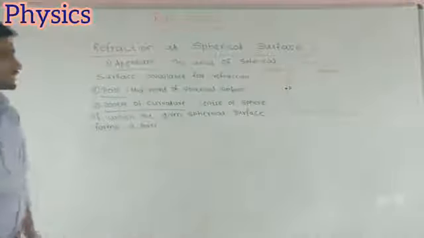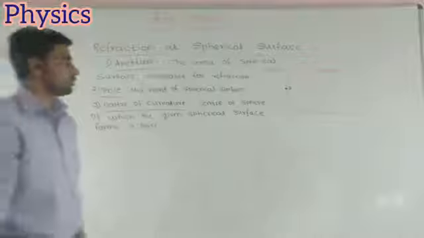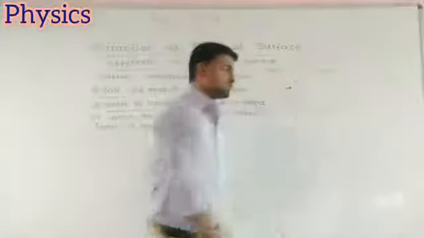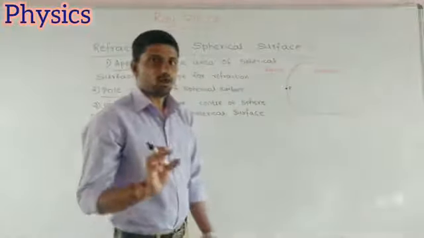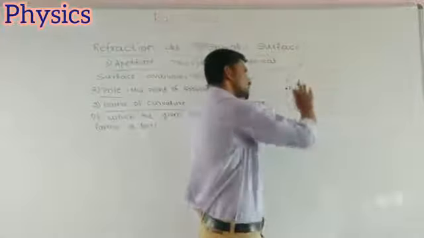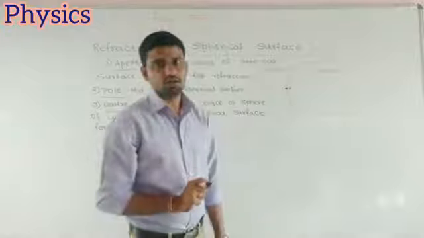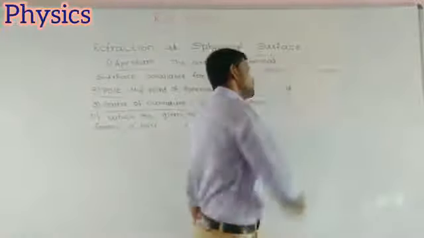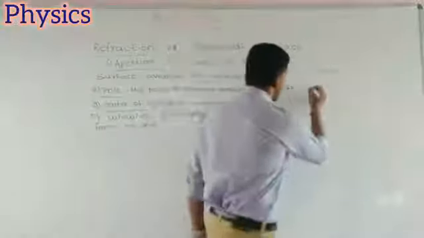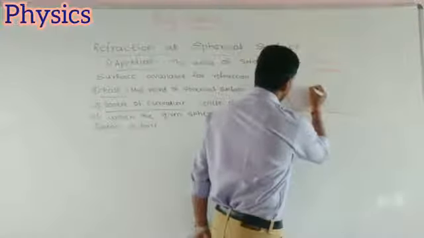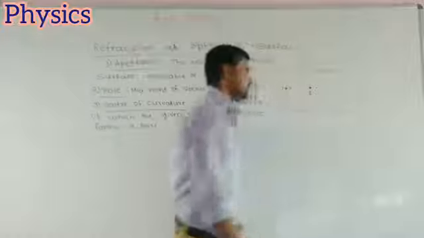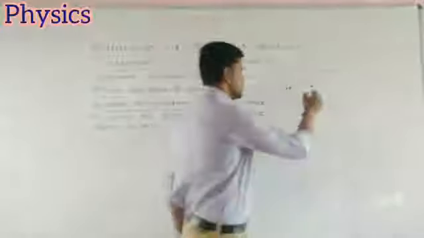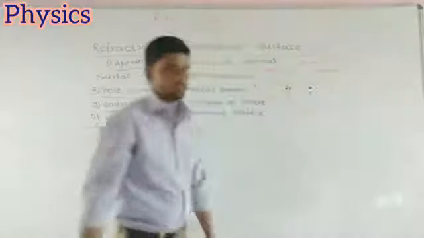See here, we know that a spherical surface is a part of a sphere. If we consider one sphere, then it has one center. If I consider this as a part of the sphere, then it has one center somewhere here. That is called the center of curvature of that spherical surface. This is the center of curvature.